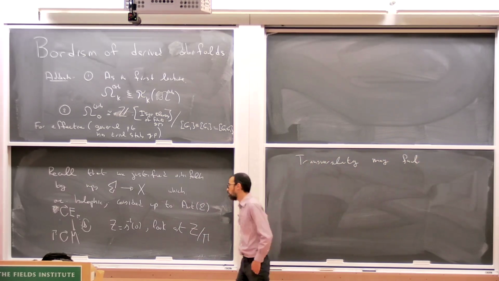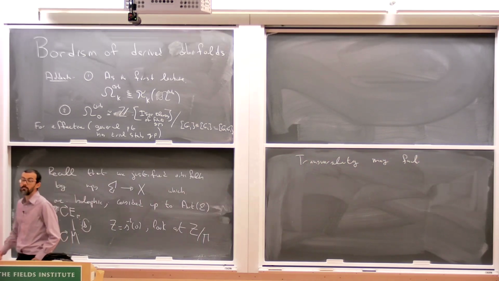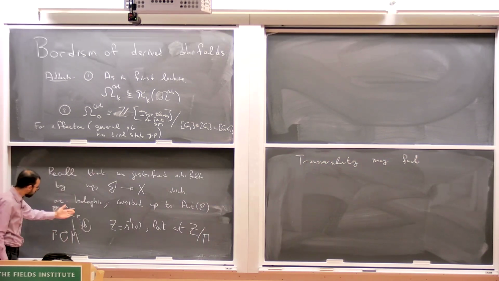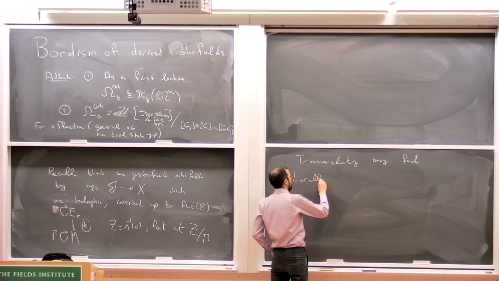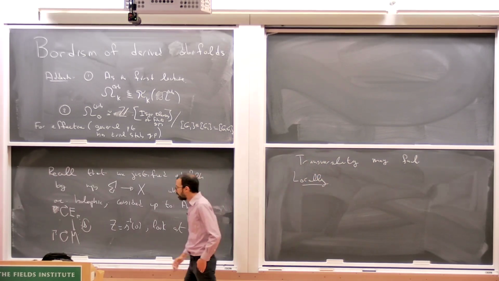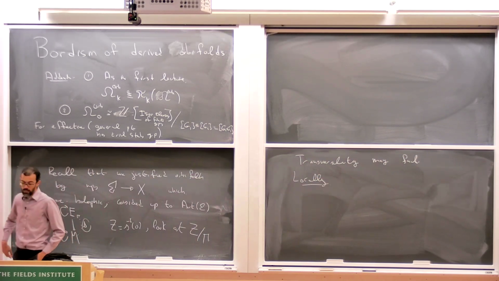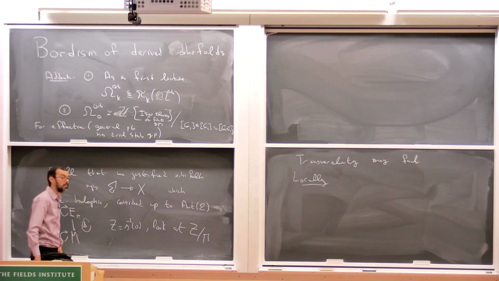And to understand what is meant by transversality may fail, you can just describe everything locally. So locally, it turns out that in the locus where gamma acts freely, there's no issue. The issue is exactly at the fixed point.